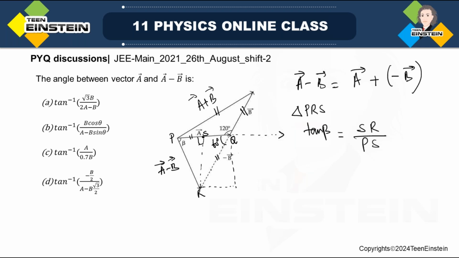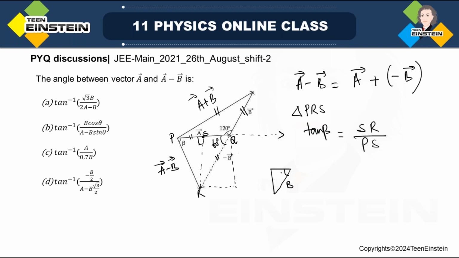If I take the magnitude of this vector B and this angle is theta, so this is 60 degree.